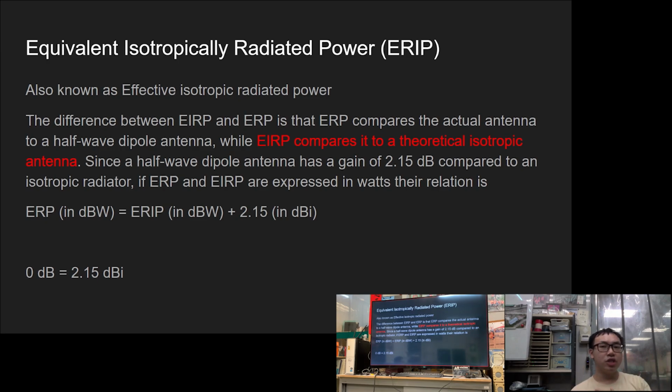If we don't mention dBi, we are referring to the power of a dipole antenna. But if we add the word I, we are referring to the isotropic antenna. You will see that here: the half dipole has 2.15 dB compared to an isotropic radiator.